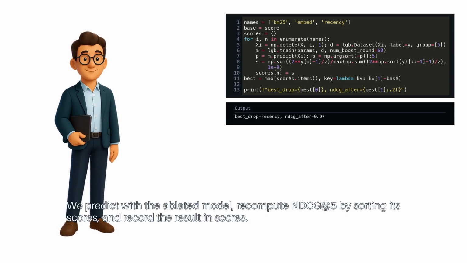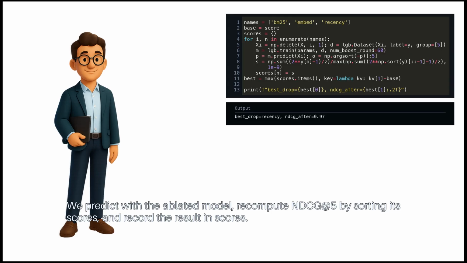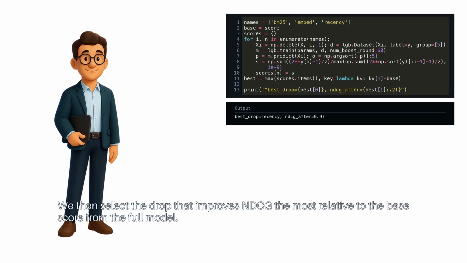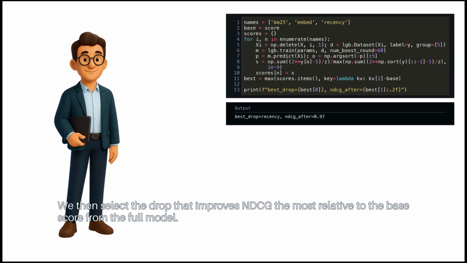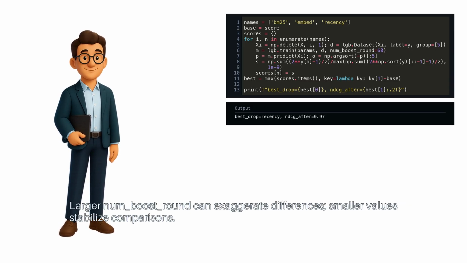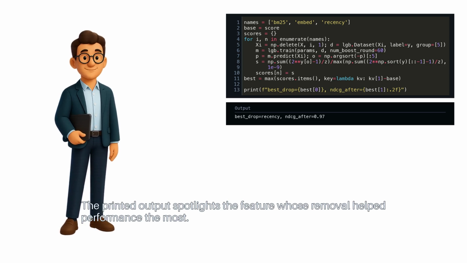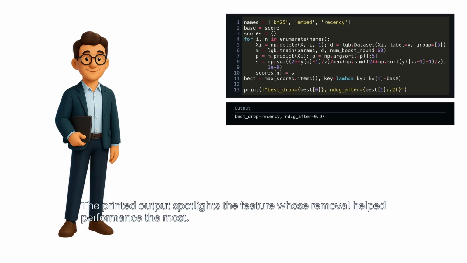We predict with the ablated model, recompute NDCG at 5 by sorting its scores, and record the result in scores. We then select the drop that improves NDCG the most relative to the base score from the full model. Larger num_boost_round can exaggerate differences. Smaller values stabilize comparisons. The printed output spotlights the feature whose removal helped performance the most.